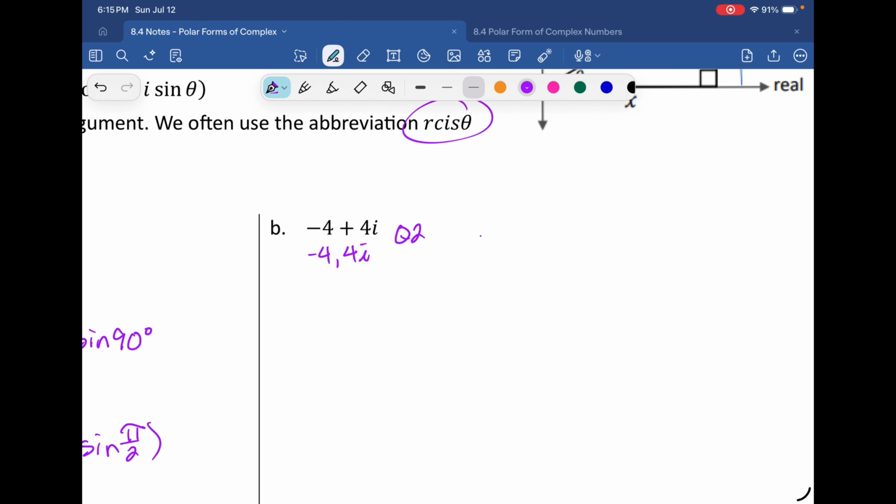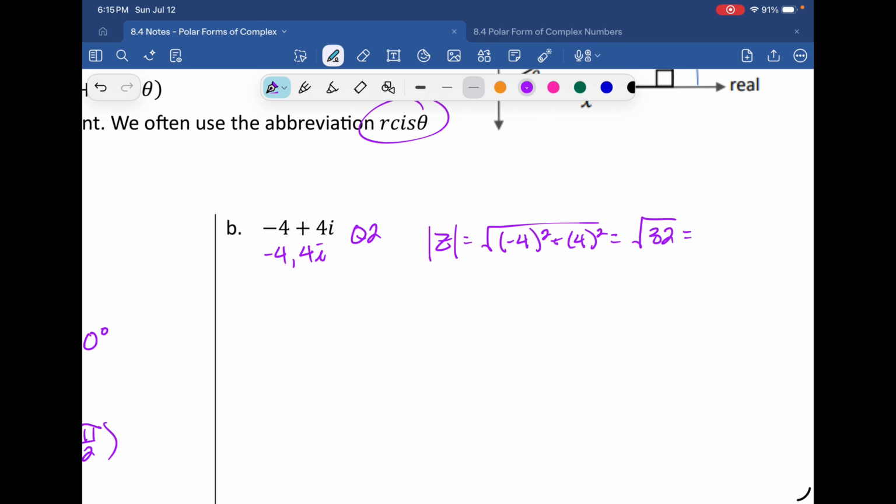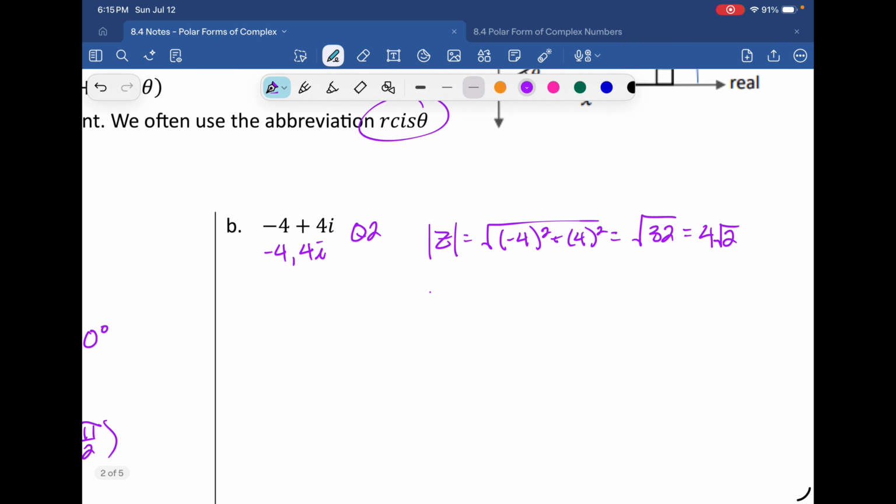Let's find the magnitude. So that is the square root of 32, which reduces to 4 root 2. Your reference angle, inverse tangent, opposite value, y over x.